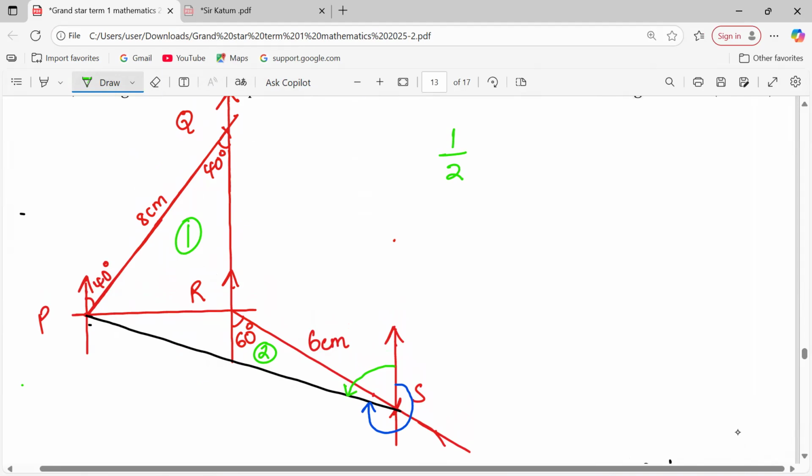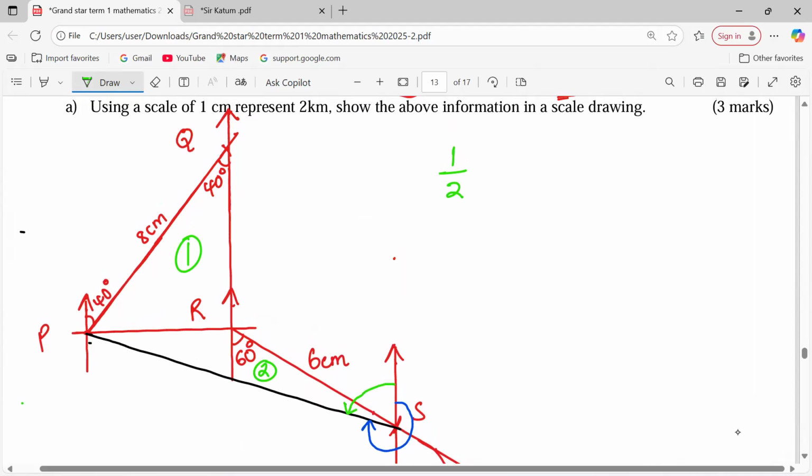The distances are not all known, so we can first work out the distances. Let me work out the distances first.